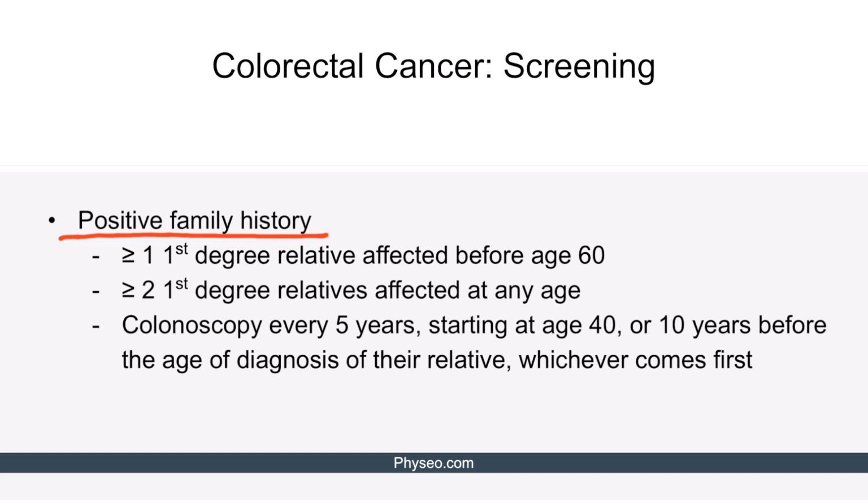You could also define it as the occurrence of colorectal cancer or adenomatous polyps in 2 or more first-degree relatives at any age. So for patients with a positive family history, colonoscopy is to be performed every 5 years starting at age 40, or 10 years before the age of diagnosis of their relative, whichever comes first.